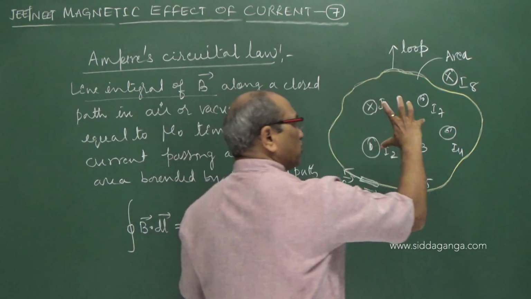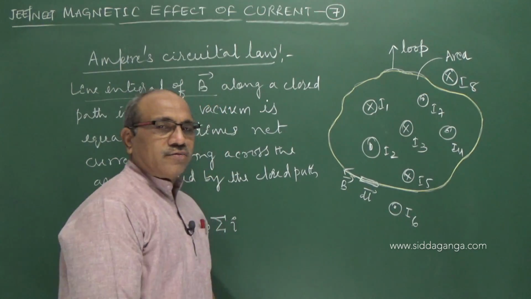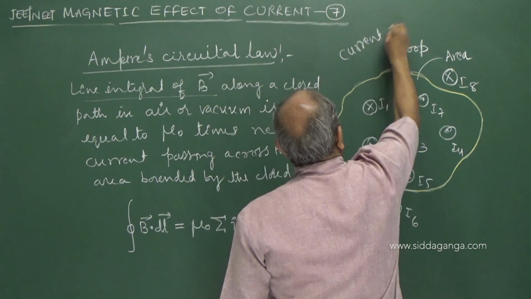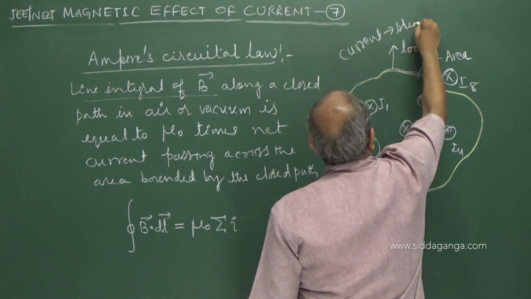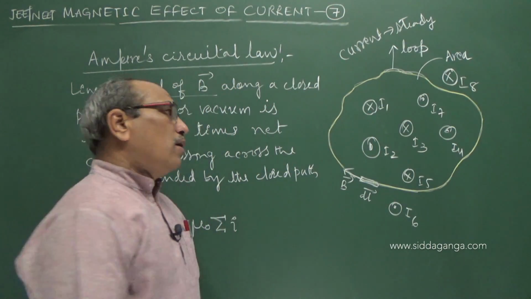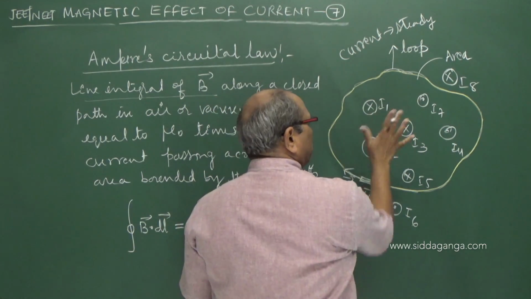Within the closed path only we consider the currents. And another important term, remember this law holds good only for steady current. Current must be steady, and direction and magnitude must be the same.